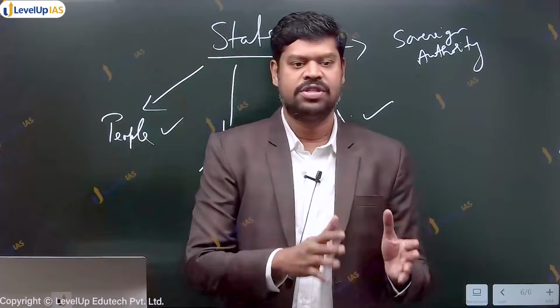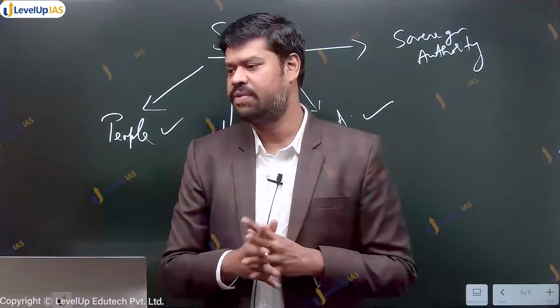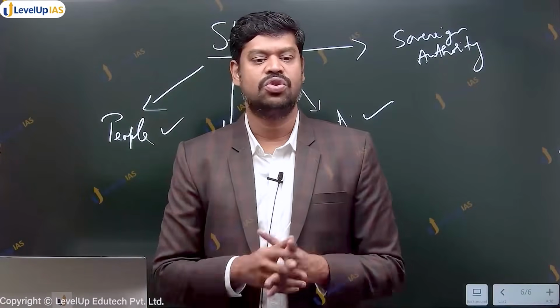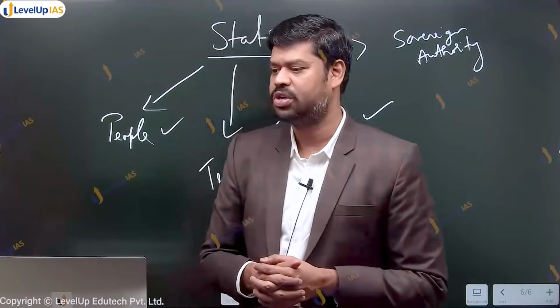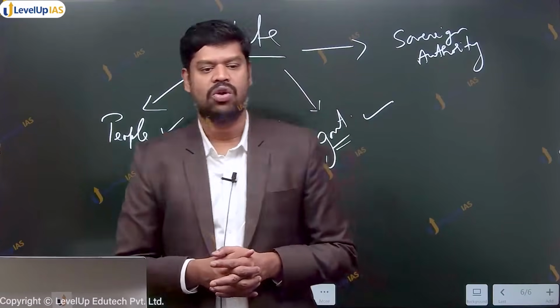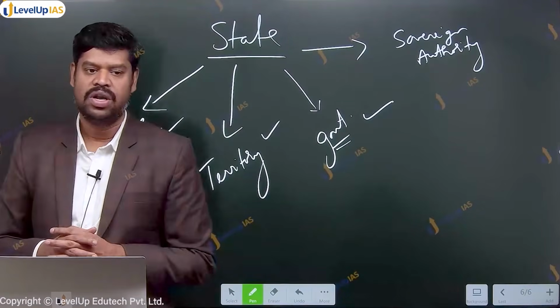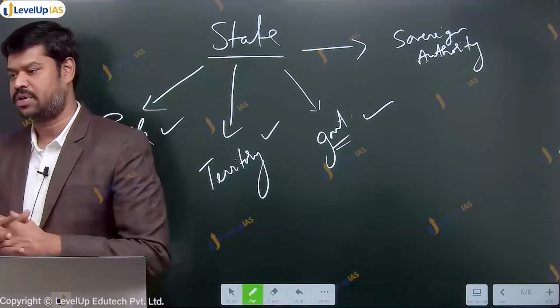But suppose though this is there, it is not followed. It is there in the constitution theoretically, but in practice it is not happening. Then you say that there is no constitutionalism. Now, when do you say that there is constitutionalism? Only when the constitution is implemented in letter and spirit. Only when the principles of the constitution are followed in spirit.